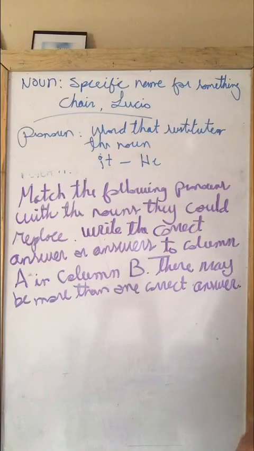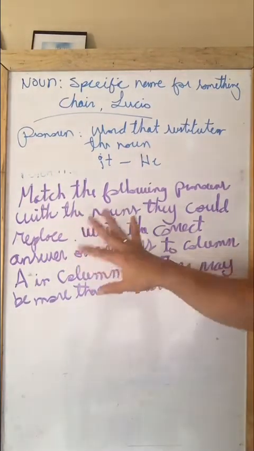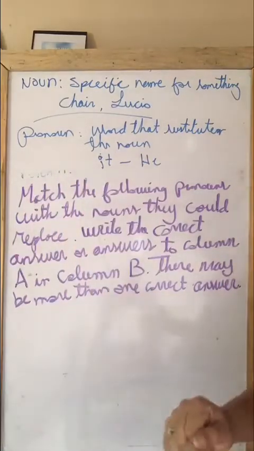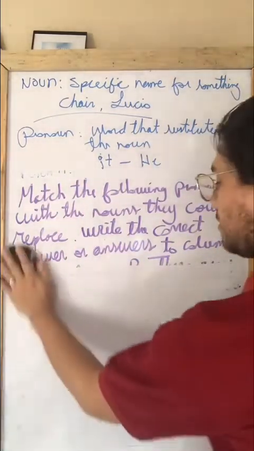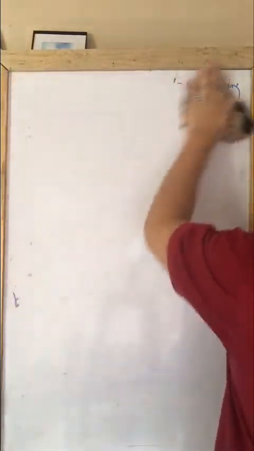So in exercise we have the following. I hope that you copied this because I'm gonna need the space in the board, okay? So if you haven't copied, you can pause it. So it says in there that we have to find the words that complete the columns.